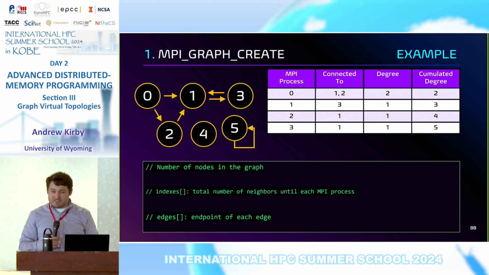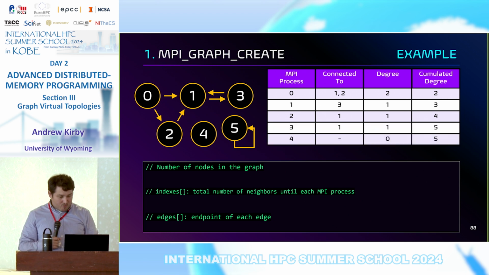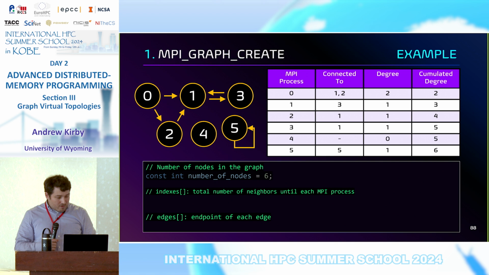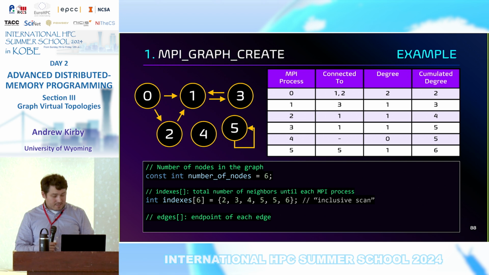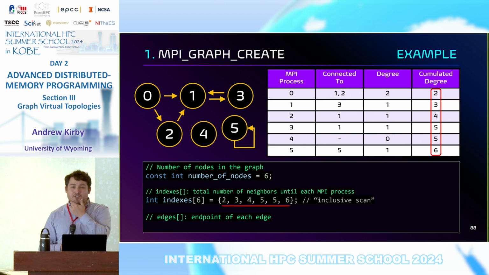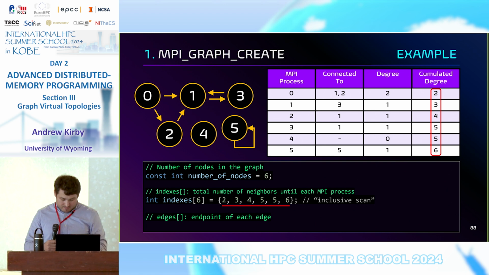Pretty straightforward. Rank 4 is fun, doesn't talk to anyone, and it has degree 0, so our tally is still 5. So we have 6 nodes when we have to make this communicator. And then the indexes, it turns out, is just really this accumulated degree set of information on the far right.